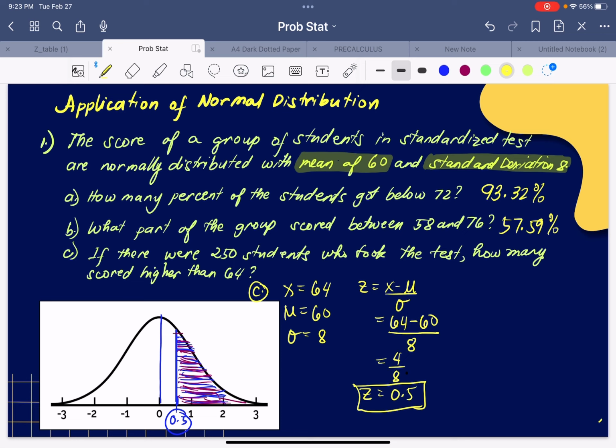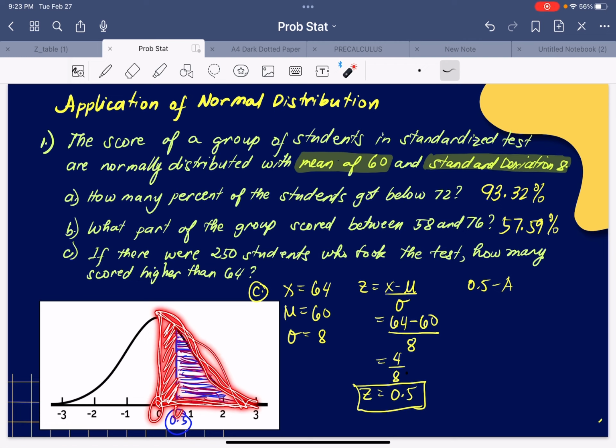We're going to subtract 0.5 minus the area, because using the z table, it gives the area between 0 and 0.5 on this part. So the 0.5 is half of the normal curve, we're going to subtract this one so that the remaining area is this.